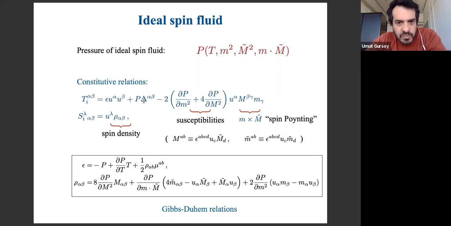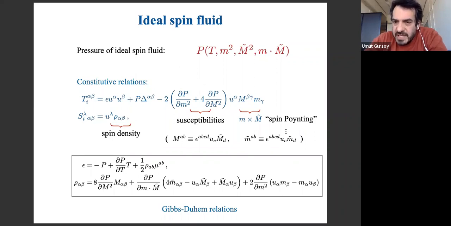These two terms are completely familiar to all of us, the energy density and the pressure density. But there's a new term that comes from this dependence of P on the spin chemical potentials, m squared and the big M squared. With this big M, I'm defining it here as the Poincare dual of the little m vector. And similarly, m tilde AB is just the Poincare dual of the other m.